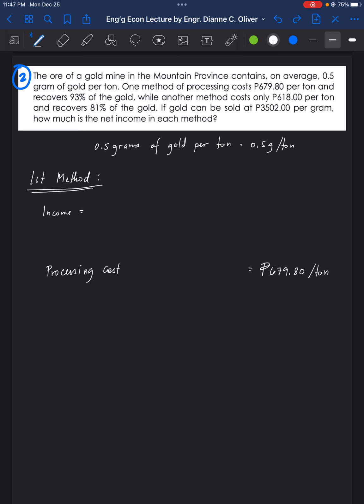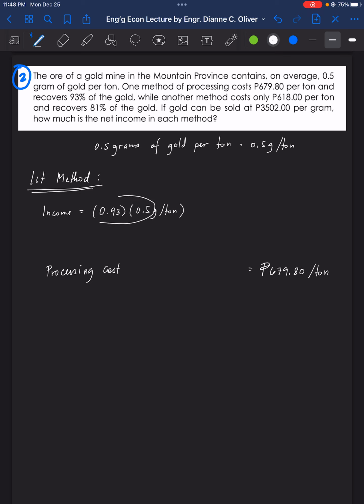But here in the first method, the recovery percentage is only 93%. So meaning they can only recover 93% of that 0.5 grams per ton of gold whenever they mine the mountain province.